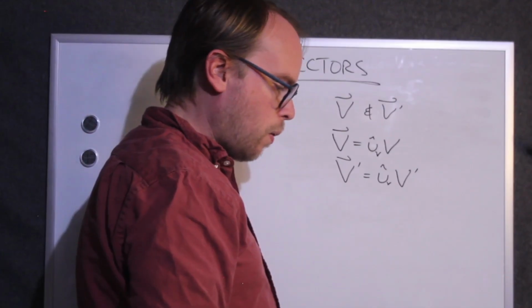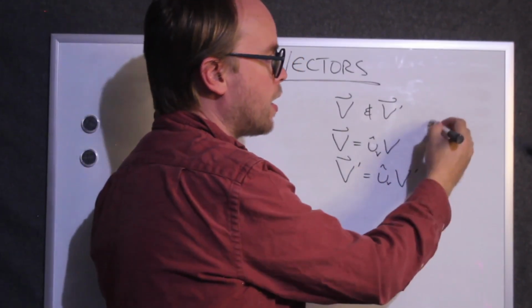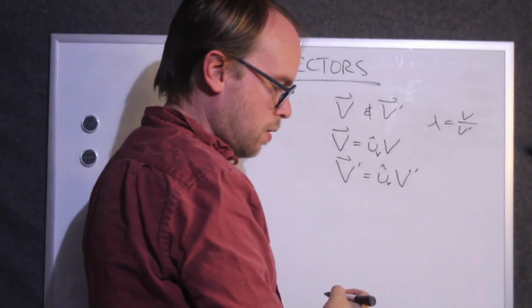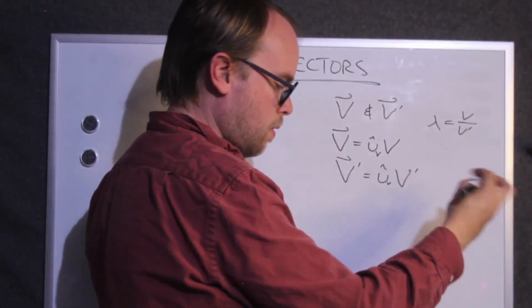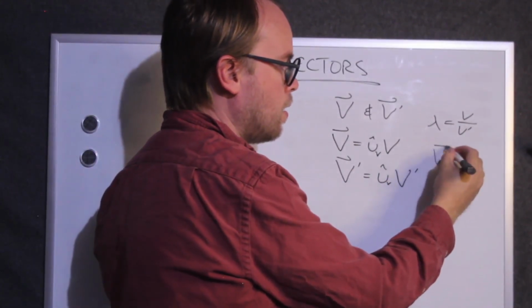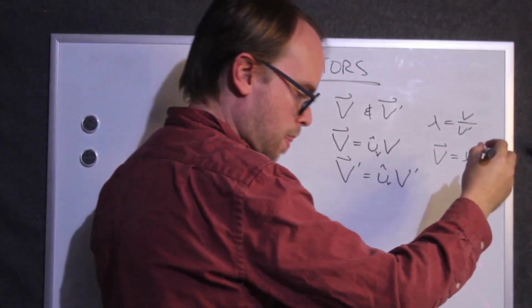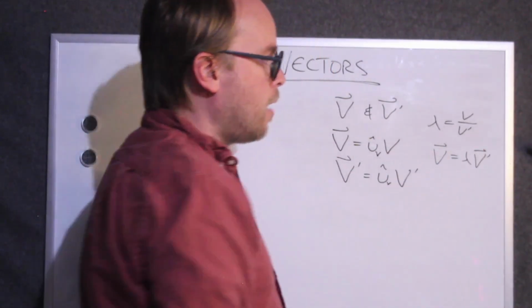So if we have a quantity, say lambda, that is equal to v over v prime, then v equals lambda v prime, right?